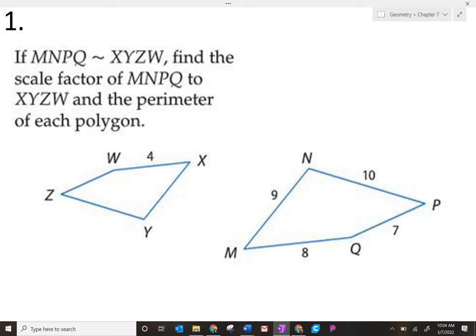Remember, the first thing they told us is going to be the top one. The second one's going to be the bottom one. And then find the perimeter. So first we'd have to find the scale factor. Then we need to find the perimeter. So I'll give you a chance to write it, and then I'm going to start working through it with you.